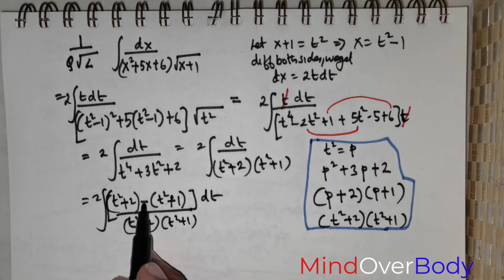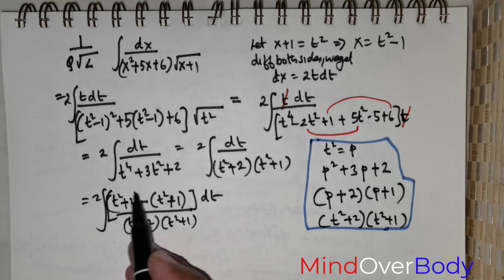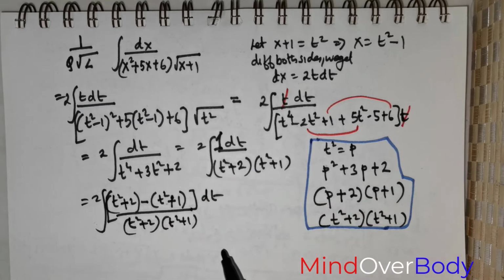So clearly if you distribute the negative sign you get negative t squared, positive t squared, negative t squared will get cancelled. You have a negative 1. 2 added with negative 1 will give you back the 1 that you have here, right?